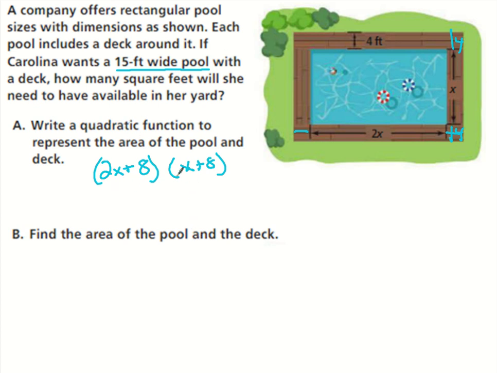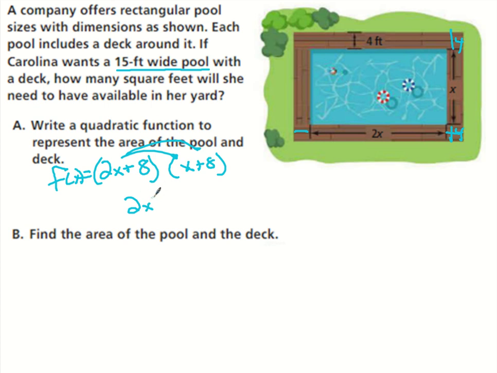And I know if I multiply these two, that'll give me the area of the entire pool and deck. Now this doesn't look like a quadratic function, not just yet. But I can change it to a quadratic function by multiplying. 2x times x is 2x squared.